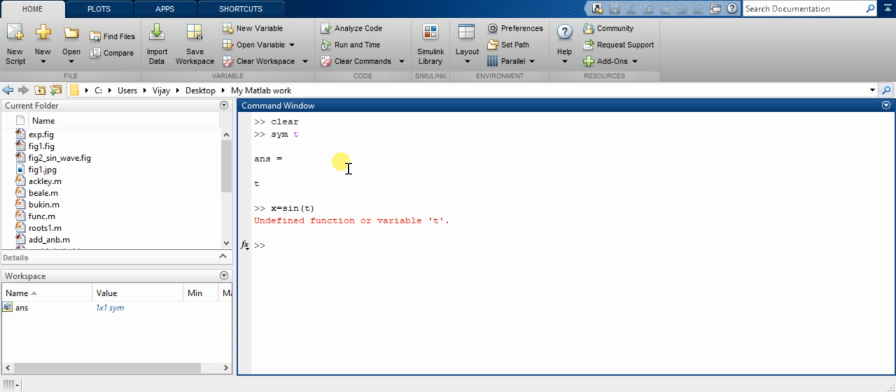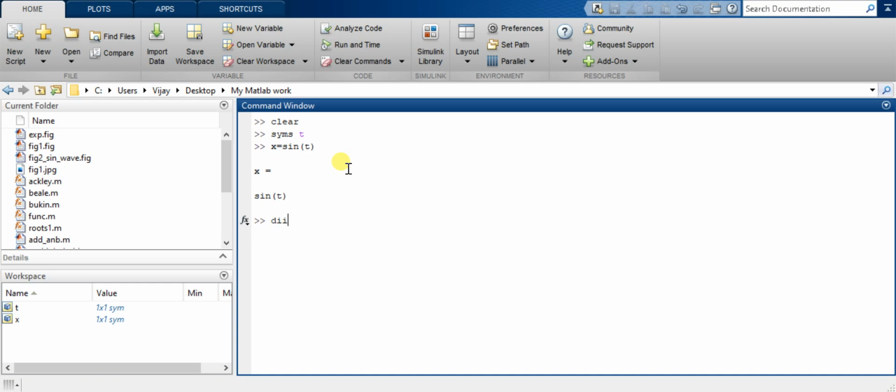Actually, first wipe out this, clear workspace. Now syms t, define a variable t in symbolic form, and now take x equal to sine of t. When you enter it, then x stores sine t.